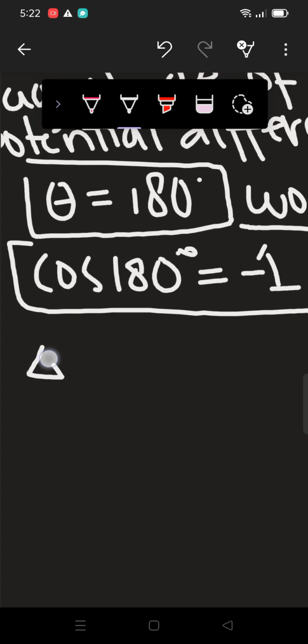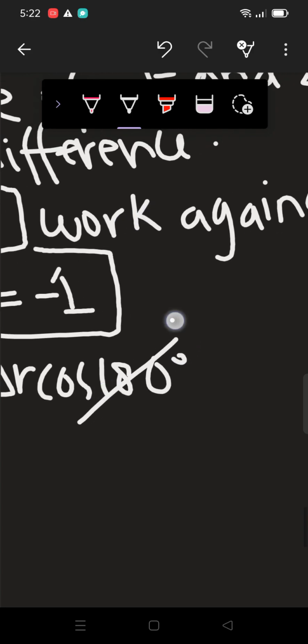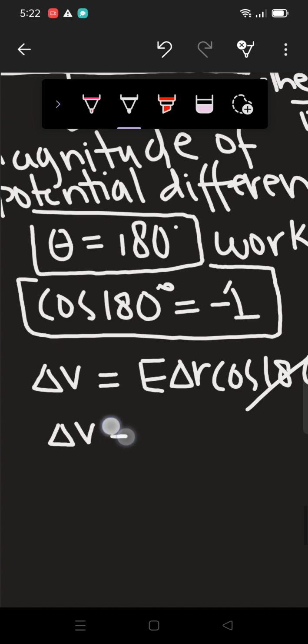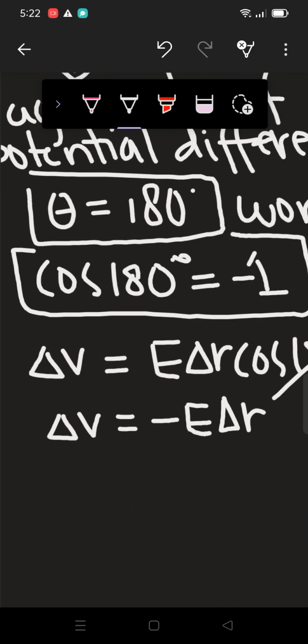So let's put this. Del V is equal to E del R cos 180, which is equal to minus 1, so finally we get minus E del R. Now we know that electric field cannot be negative, so let's make it positive.